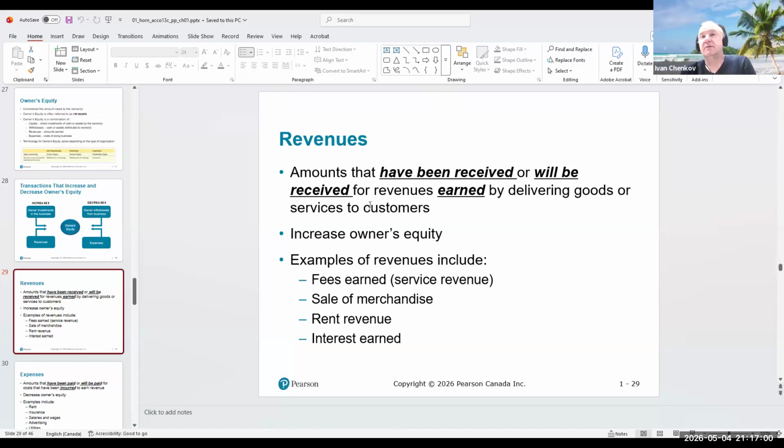For the owner of a property, he generates revenue by renting that property, and that will be rental revenue. For the person buying and selling merchandise, he's going to have sales of merchandise. For the person who delivers services, he's simply going to generate service revenue.